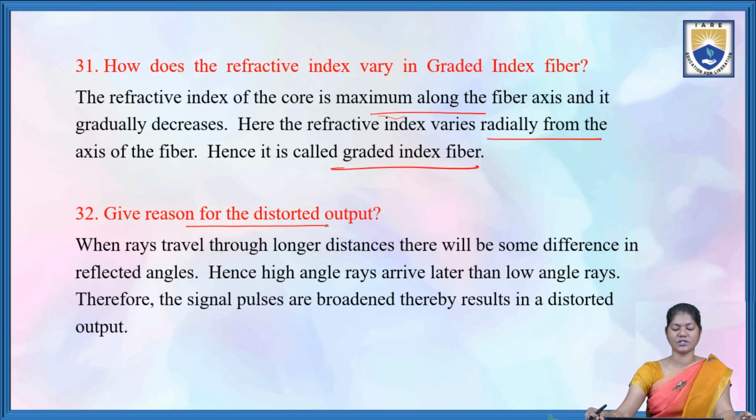Give reasons for the distorted output. When rays travel through longer distances, there will be some difference in the reflected angles. Hence, high angle rays arrive later than the low angle rays. Therefore, the signal pulses are broadened, thereby resulting in distorted output.